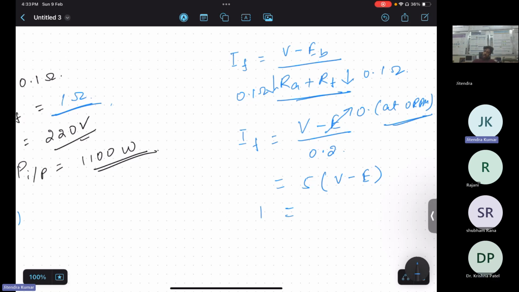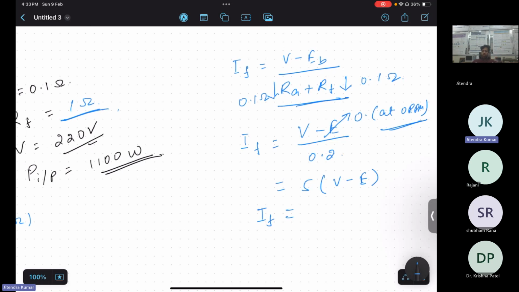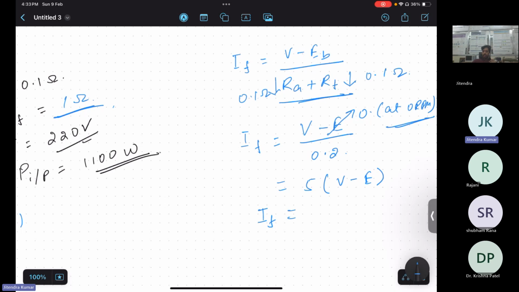So at zero speed, the field current, which is similar to the line current going to the armature, is 5 times the supply voltage, that is 220 volt. So 1100 ampere will flow. Okay, at this condition, at starting. Though when the speed increases, this value is going to reduce. But at starting, this problem is there, right?